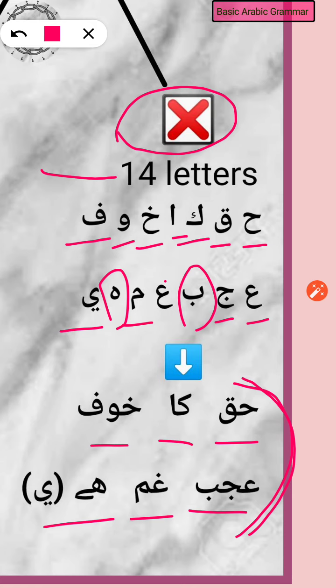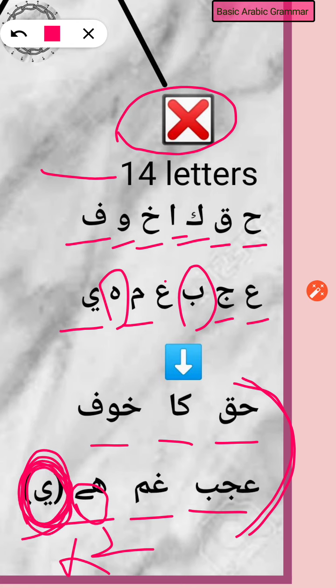Now notice in Urdu we have bari ye, but in Arabic we do not have bari ye, we have choti ye, which is ya'un. So it's technically choti ye over here, but just for the sake of remembering this mnemonic or this sentence, we have the bari ye attached to it. But I've written the actual ye over here.